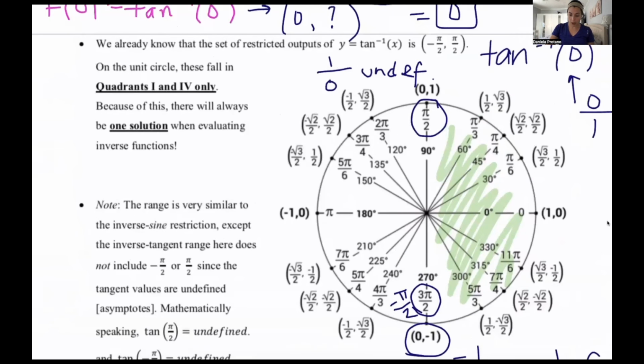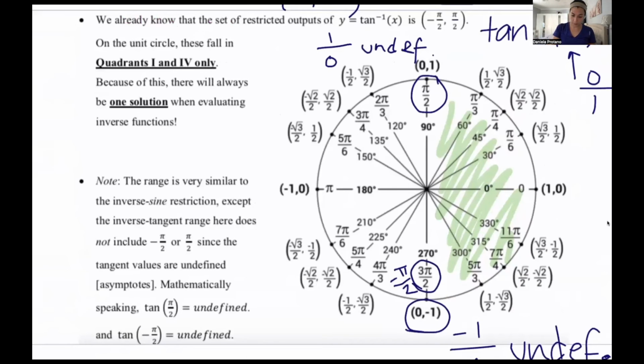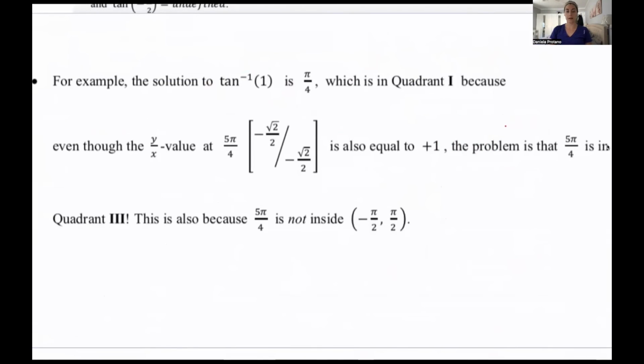So I talked about how it's going to be between quadrants 1 and 4. What if we were asked for arctan or inverse tan of 1? In your head, you have to ask yourself, tangent: when I look at an ordered pair and take the y value divided by the x value, do I get a positive 1?